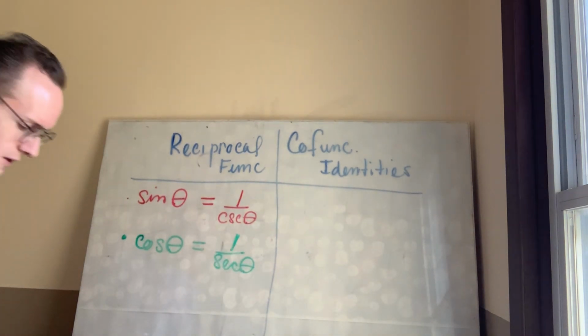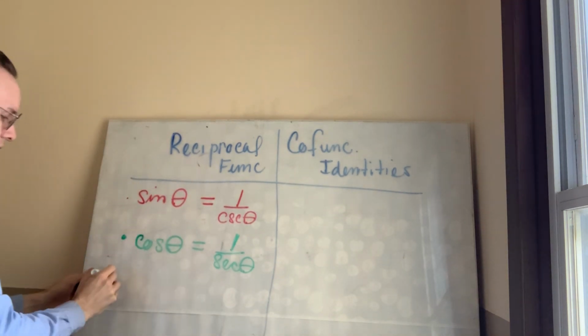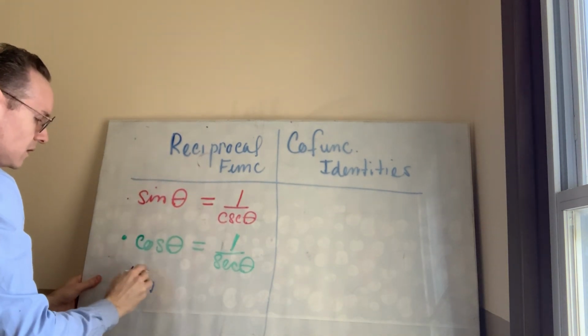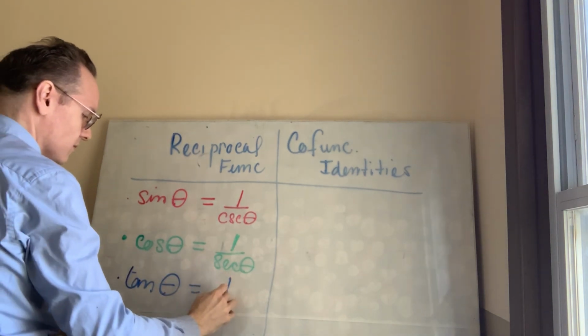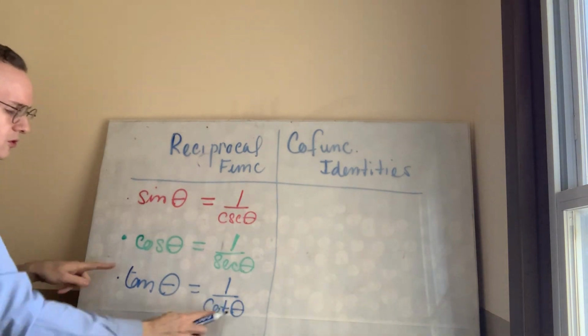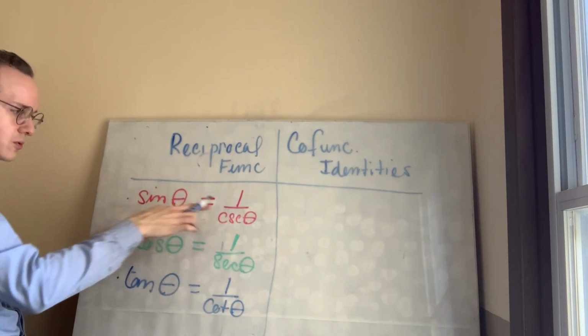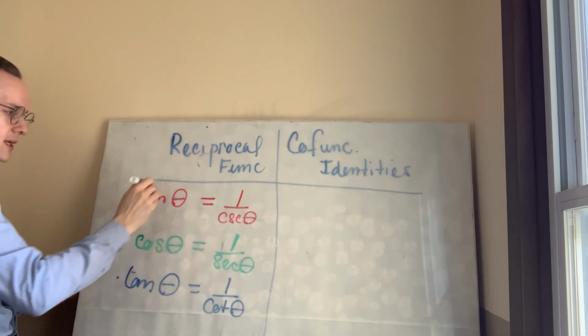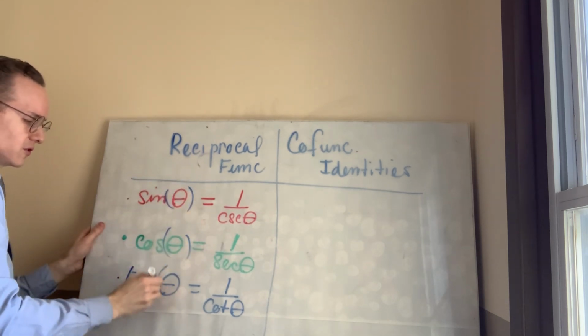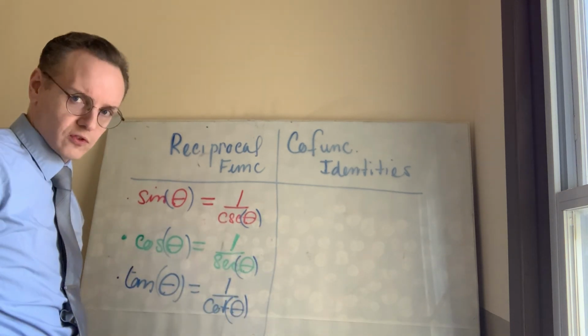Same idea. And tangent of theta is the reciprocal of cotangent. You could switch these and it would still be true. Again, to be fancy, you might put parentheses, but after a while it just becomes superfluous.